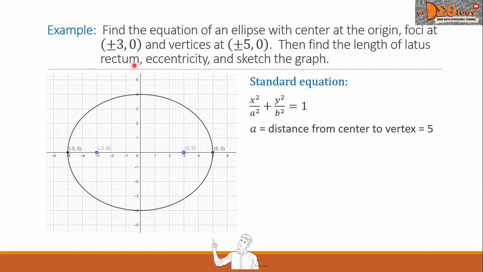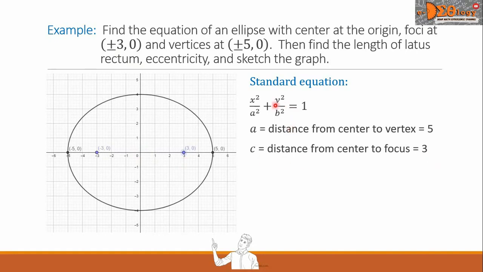In this problem, the given are the foci, which means that is c, and that is equal to the distance from center to focus. From the origin to one focus (3, 0) is equal to 3.